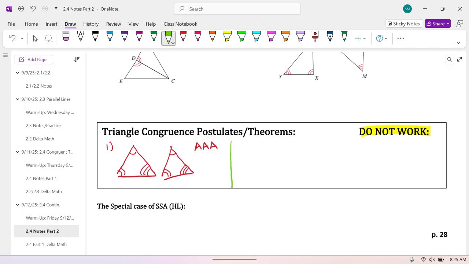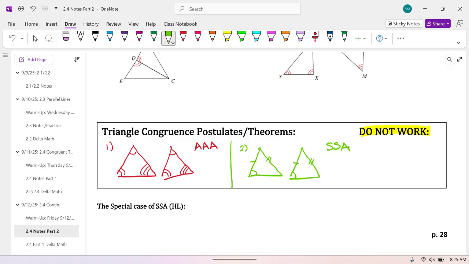The second one that does not work is angle, side, side, or I'm going to spell it as side, side, angle because I do not want to write a specific word on my paper.